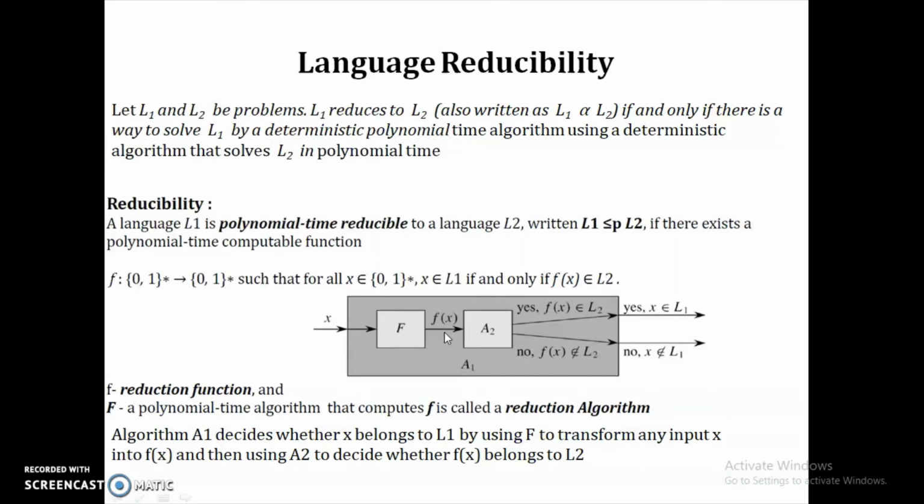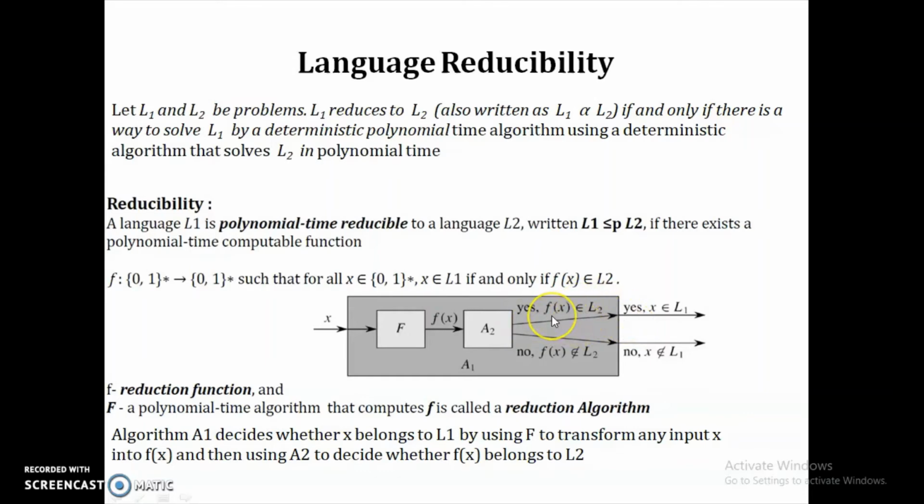Then this input is given to the algorithm A2, which is a deterministic polynomial time algorithm. It will produce the output yes in case f(x) is accepted by L2, and it will give the output no if f(x) doesn't belong to L2, right? A2 produces this output in polynomial time, and this output is taken as the output for algorithm A1.